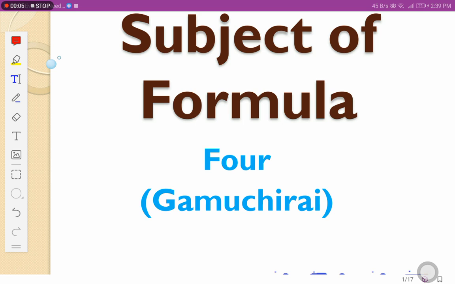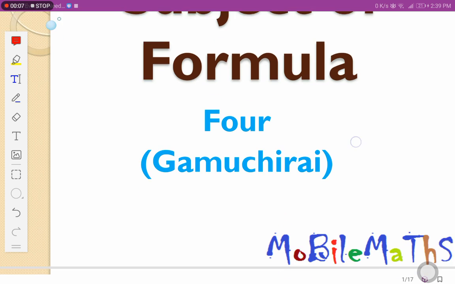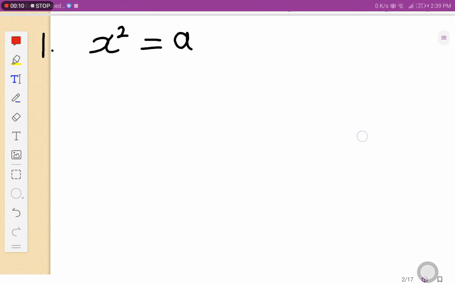Today I want us to look at the subject of Formula 4, whereby we are going to look at some square roots and some squares. So for example, when we have x squared is equal to a and we want to find the value of x, what we do is this. Our x squared is the same as x to the power of 2 over 1, equals a.